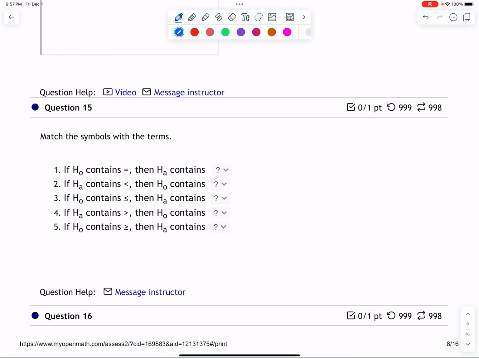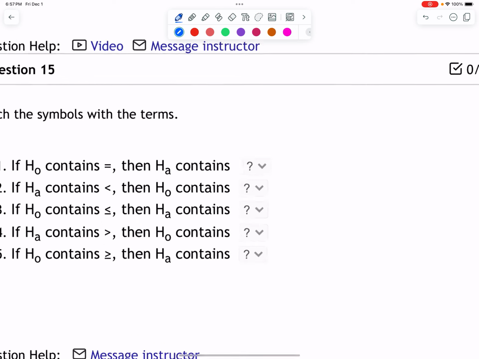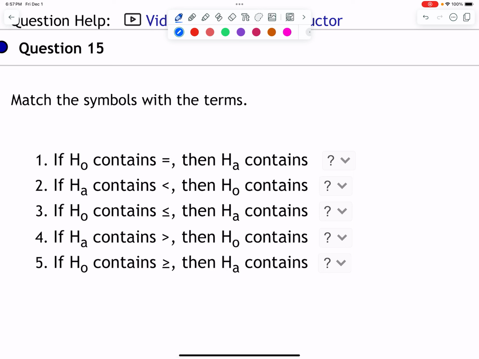Looks like we've got some hypothesis testing coming. So if H0 has an equal sign, HA has to be exactly the opposite. So it'd be not equal to. If HA has less than, H0 would have to have greater than or equal to, because remember H0 gets the equality part.